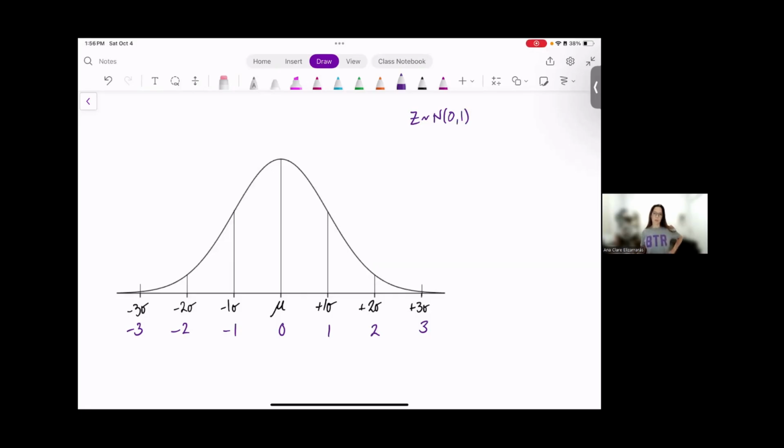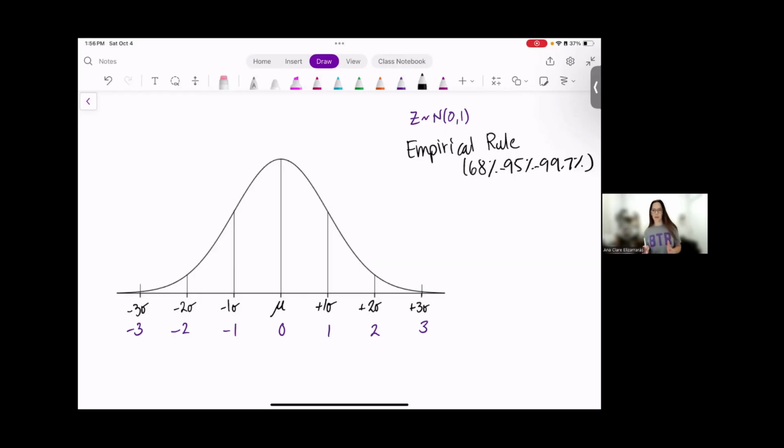So z is normally distributed with a mean of 0 and a standard deviation of 1, using that notation. Now, the empirical rule tells us certain things about 1, 2, and 3 standard deviations away from the mean. The empirical rule, which is also called the 68-95-99.7 rule, and actually these are dashes, tells us that 68% of a normal distribution is within one standard deviation.